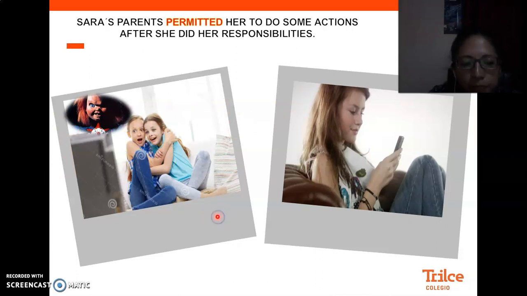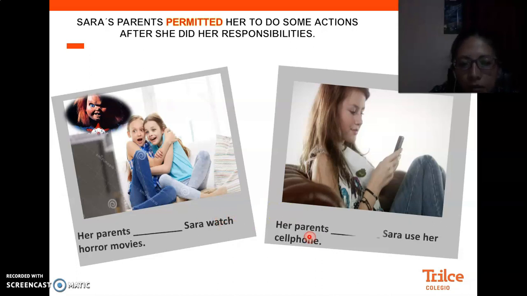For example, her parents permitted Sarah to watch horror movies when she was a child. Her parents permitted her to use her cell phone when she was a child. Maybe as soon as she finished her homework, she was allowed to do so.